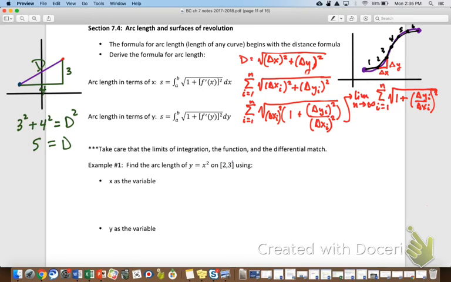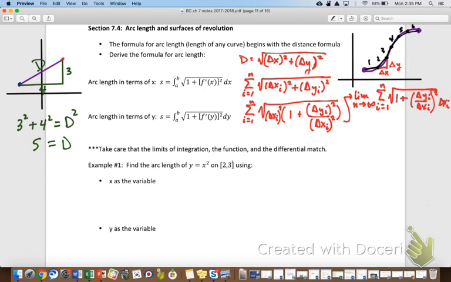Like y squared over x squared is the same thing as y over x quantity squared. Okay, and then the square root of delta x i squared would just be delta x i, right? Because the square root would cancel right out with the squared. So I took that outside the radical.